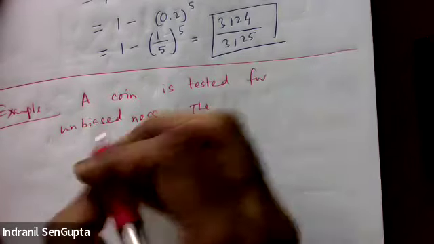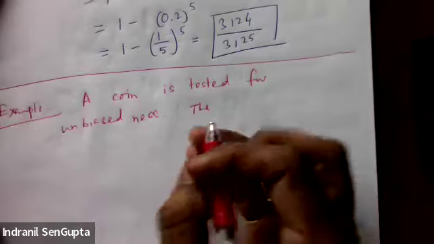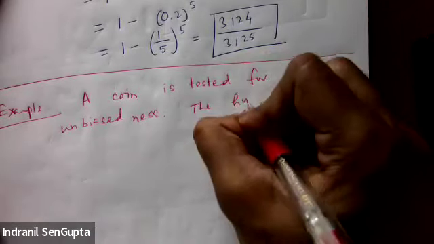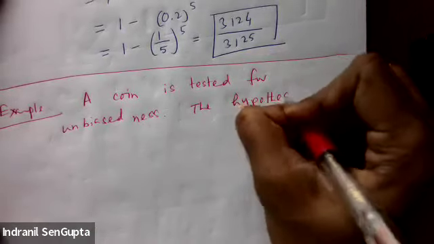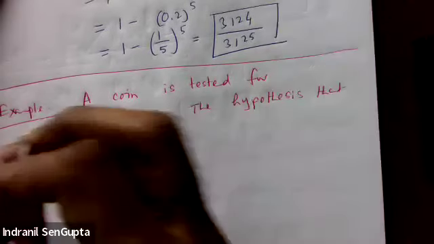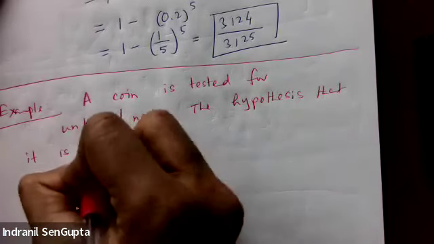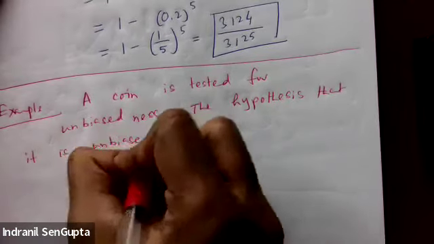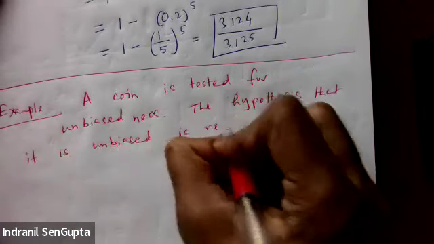The hypothesis, that means if the coin is fair or not, that it is unbiased is rejected.